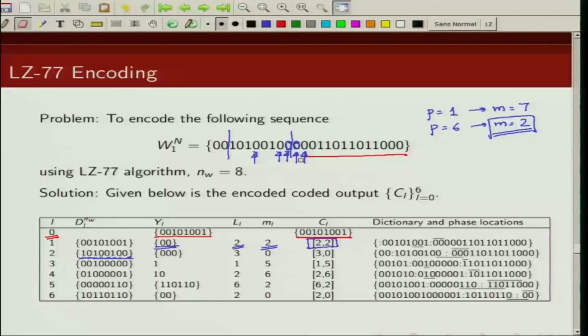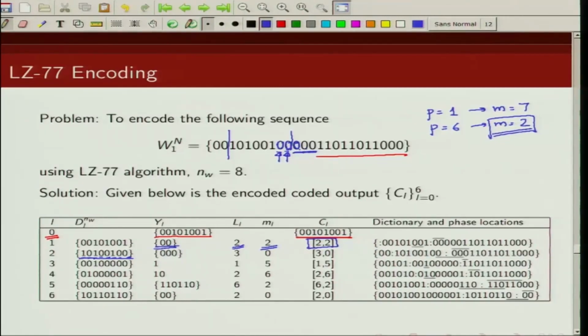So there is a match of 0, 0. What about 0, 0, 0? Now at this location this is 0, 0, 1, so this is not a match. But what about this? At this location it is 0, 0, 0. Similarly at this location this is 0, 0, 0.